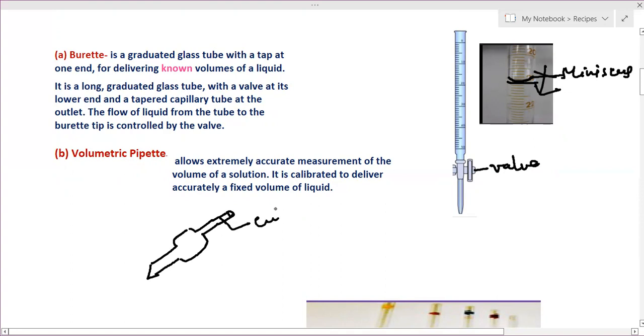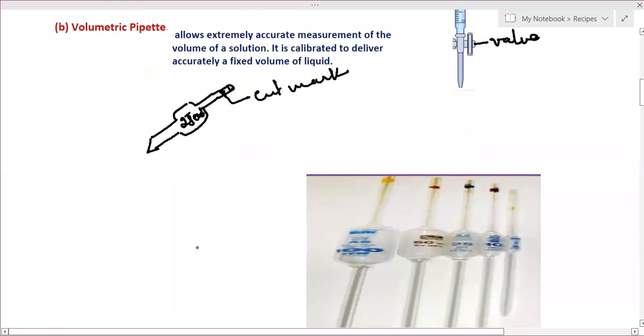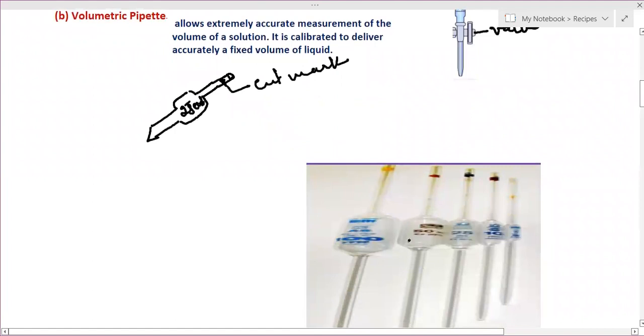See, this is the cut mark. It helps in filling the known volume of solution. This is the picture of a volumetric pipette and the volume is written here, like 25 ml, 10 ml, right? So it is written here.